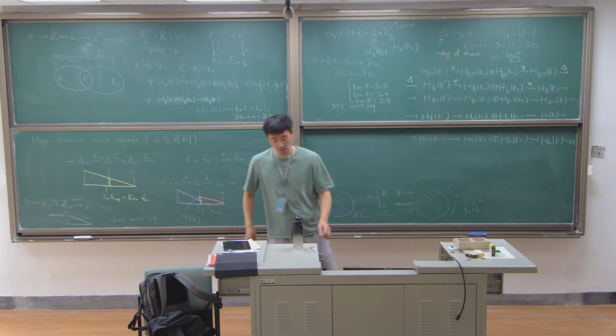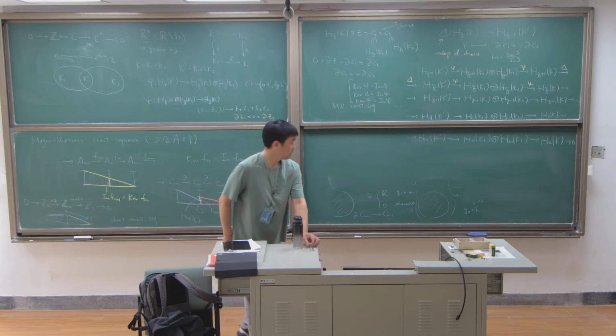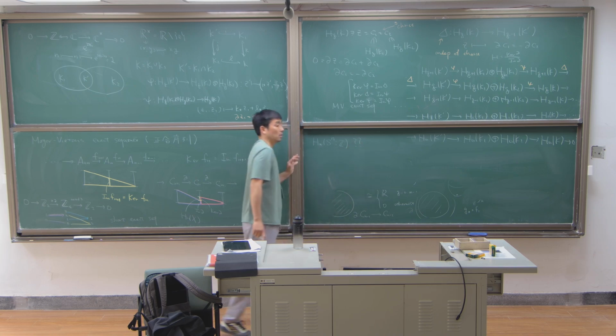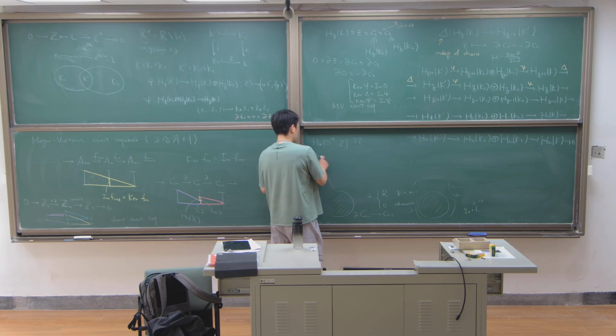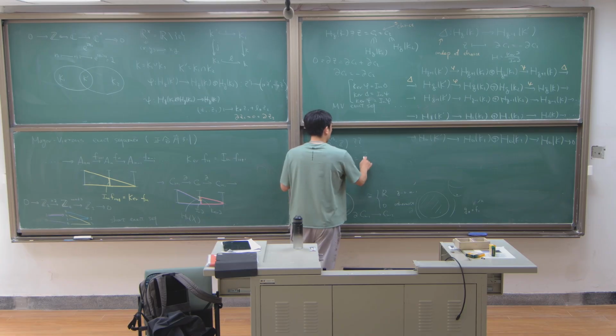Now let's compute the homology group of the sphere by using this one. Homology group of a sphere. Any constant is okay. Z. Okay, so let's do that by induction. Suppose this is true.